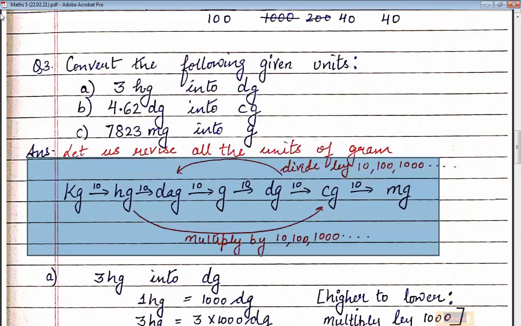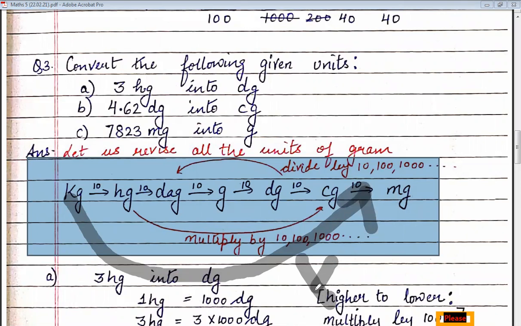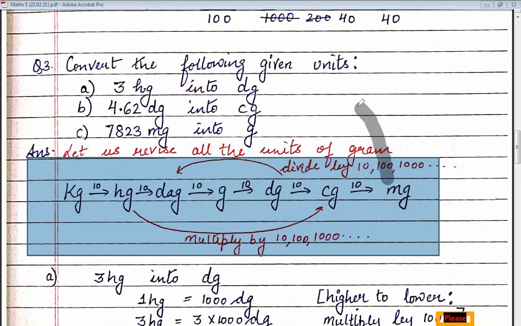So these are the units of weight. It is kilogram, hectogram, decagram, gram, decigram, centigram, milligram. And children, I guess everyone remembers that whenever we are converting a higher unit into lower, you will multiply. And while converting a smaller unit into higher, you will divide by the power of 10 according to the relation.